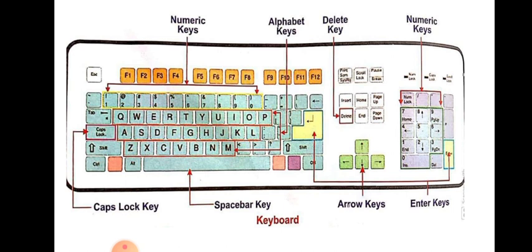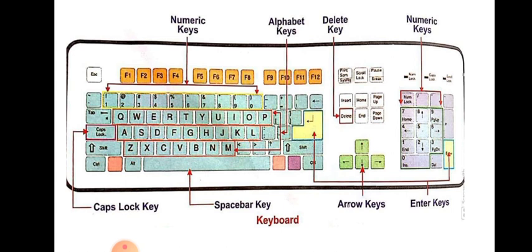Now arrow keys. There are 4 arrow keys, which you can see on the screen as well as on your keyboard: up arrow, down arrow, left arrow and right arrow. One backspace key is also there, and that erases the letter to the left side.